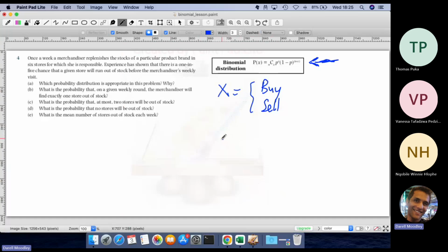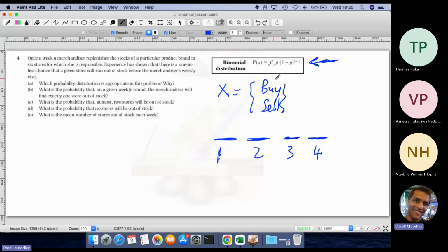What I mean by a certain number of trials is, let's say one trial is a customer coming in. The first customer comes in, the next trial is the second customer coming in, the next trial is the third customer, and then there are only 4 customers coming in. Each of these customers can only do one of these two possible outcomes: they can either buy or sell.